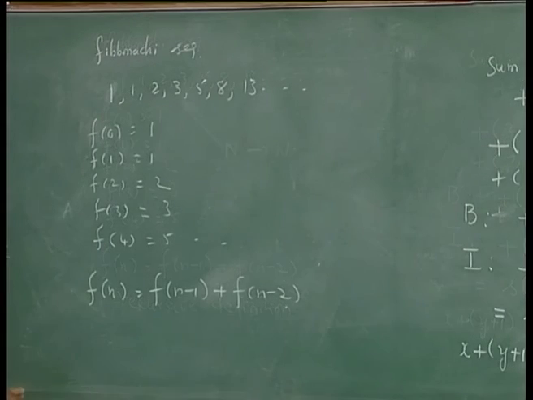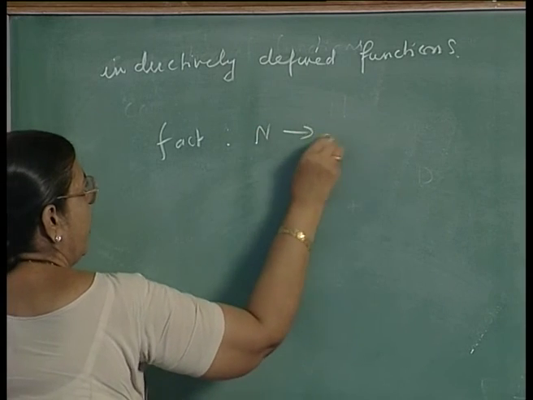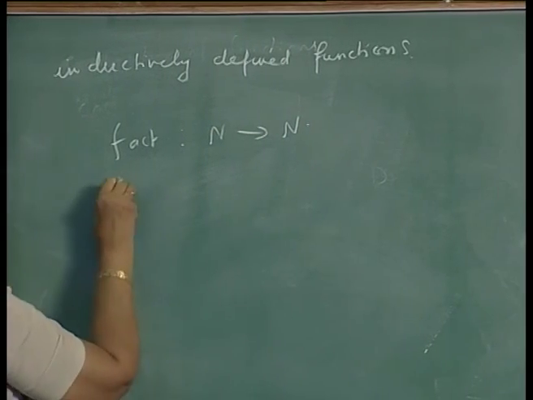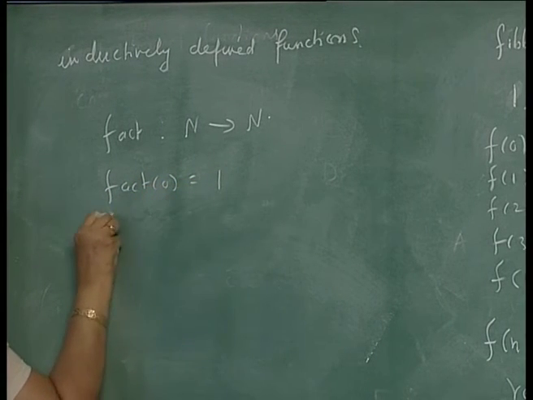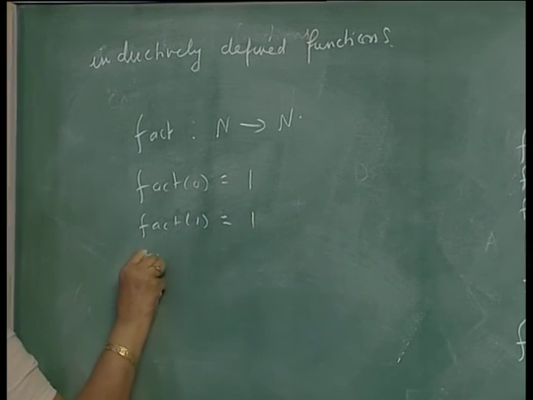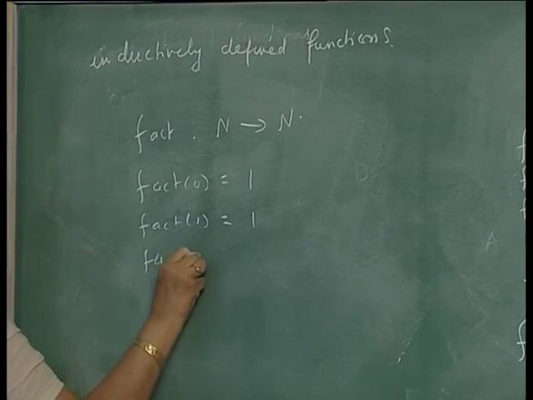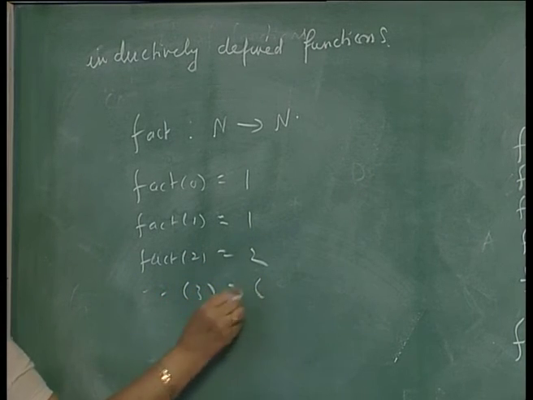Similarly, if you take the factorial function, factorial is again from N to N. Factorial 0 is 1, factorial 1 is 1, factorial 2 is 2, factorial 3 is 6 and so on.